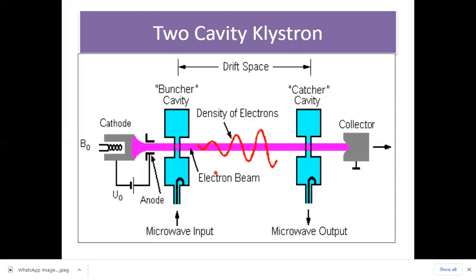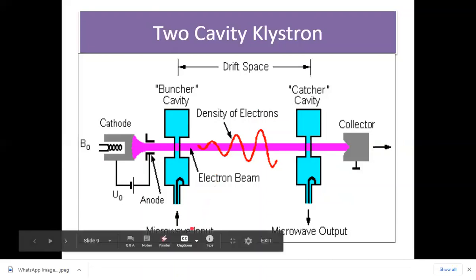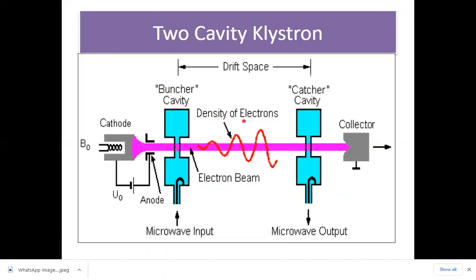When used as an amplifier, the weak microwave signal to be amplified is applied to the buncher cavity through a coaxial cable or waveguide, and the amplified signal is extracted from the catcher cavity. In the two-cavity klystron, the electron beam passes through a central hole in the first cavity and through a similar second cavity terminating at the collector.